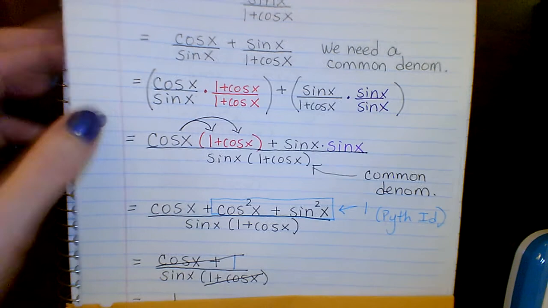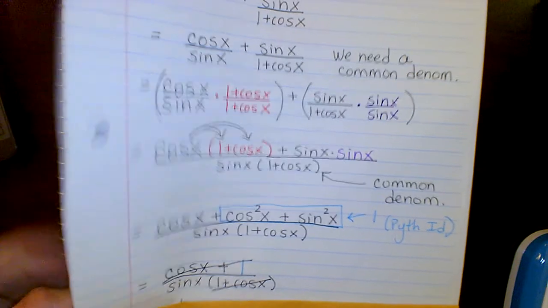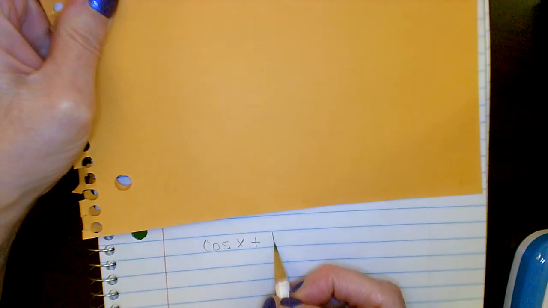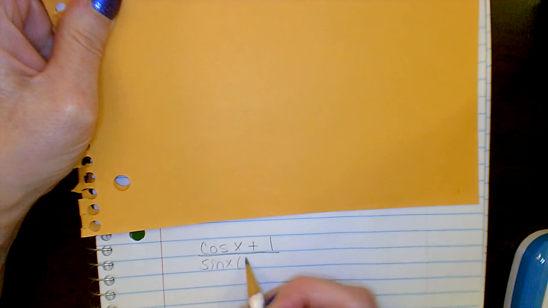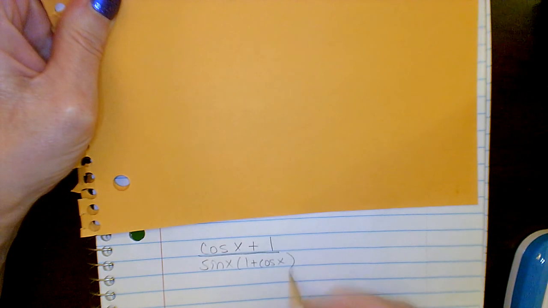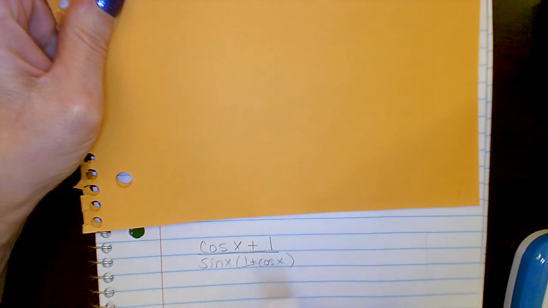Now here's what ends up happening. I get that cosine x plus 1 over that common denominator. This is 1 plus cosine x, that's 1 plus cosine x.